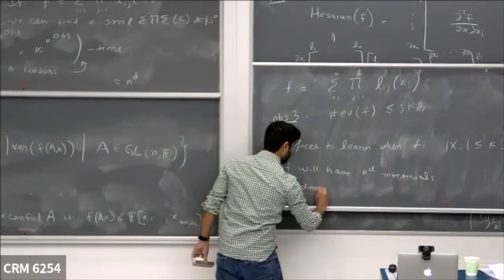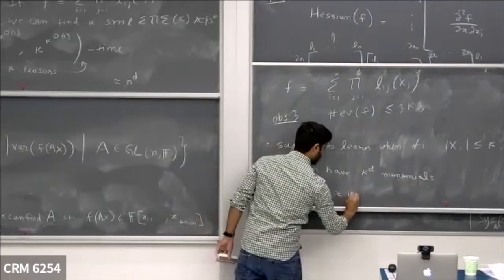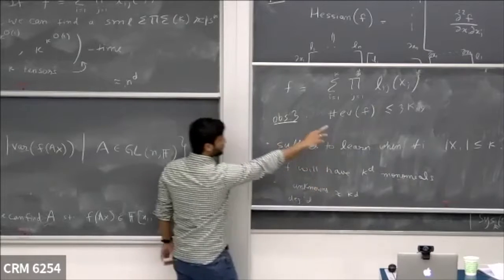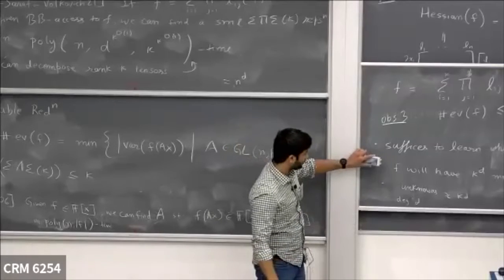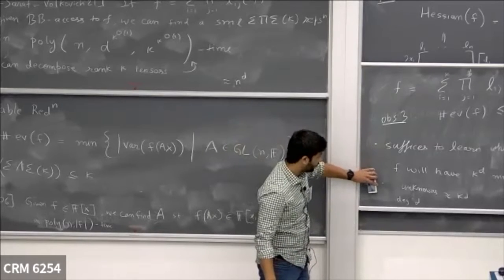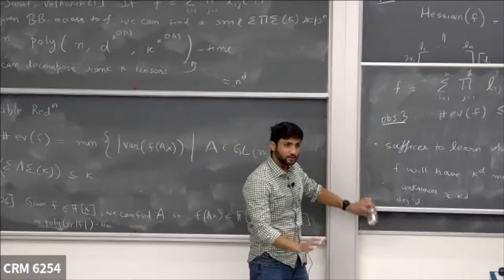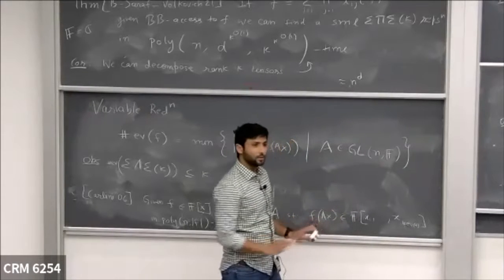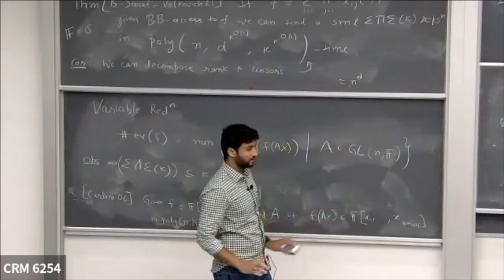Again, d is small and the degree is d. So if you set up a system directly in the low degree setting, you are again in a very good setting because your number of unknowns is constant. I'm assuming d is small. It suffices to learn the low degree, in particular the 3-dimensional tensor, assuming rank is small in the worst case.